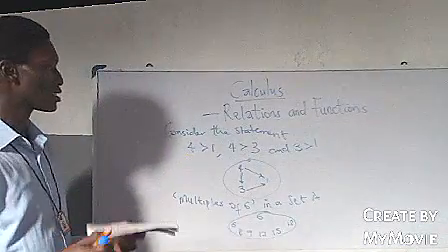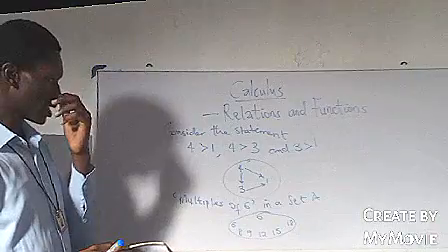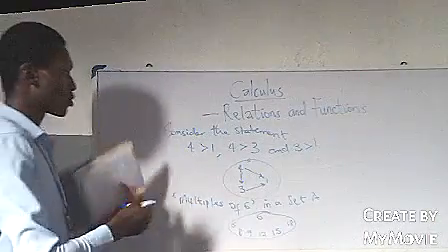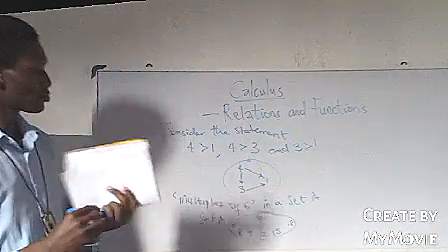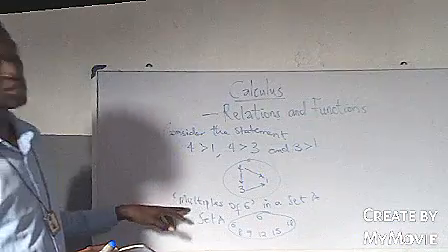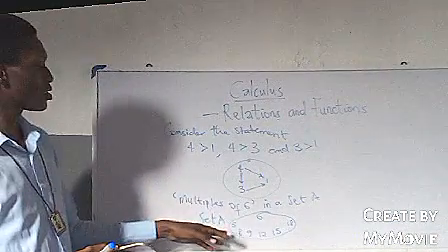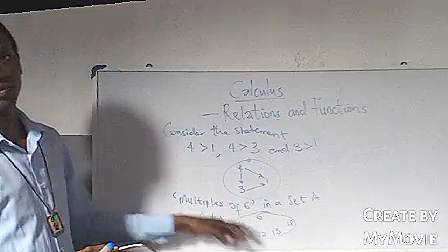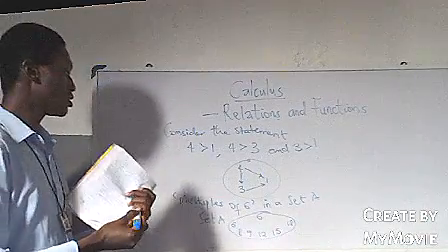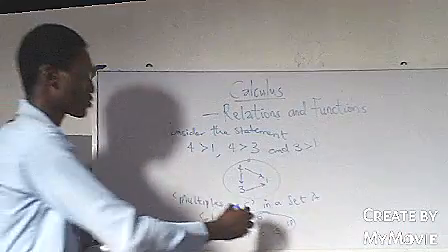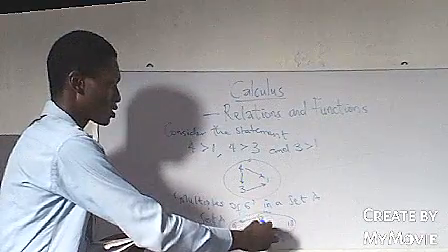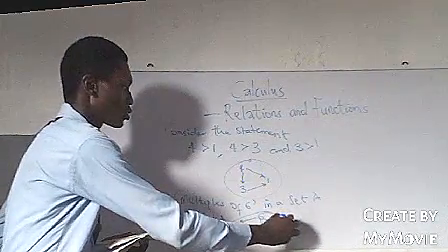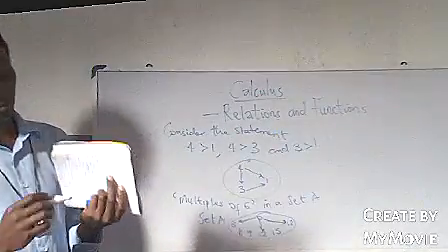This set we call set A according to the question. Now, the question is asking us to look for multiples of 6 from the members of this set. So we can easily identify them: 6, the next multiple of 6 is 12, and the next multiple of 6 is 18.